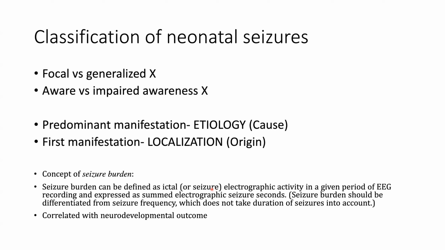So that leads to the origin or the focus of the seizure onset. So that leads to localization of the origin of these seizures. So that is also important to be noted. Frequently and thankfully, the first manifestation is also the predominant manifestation in a lot of neonates, but you may have a first manifestation which is different from a predominant manifestation. So it's important to note both.